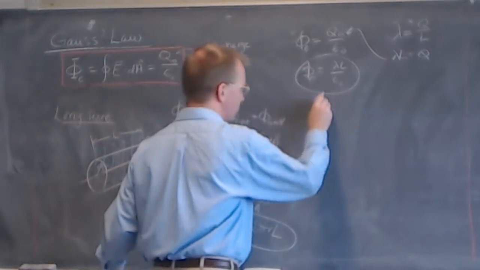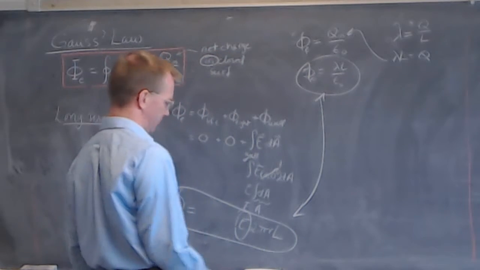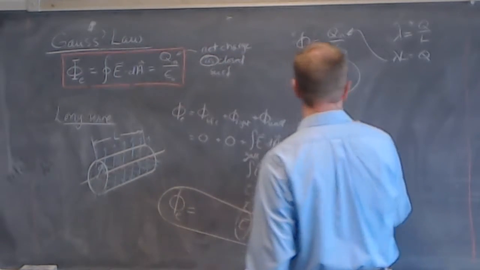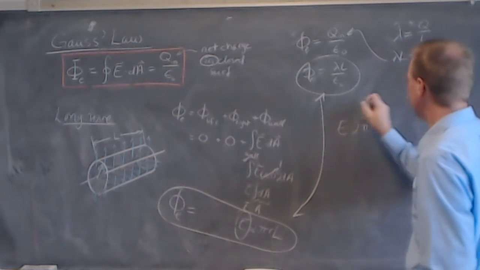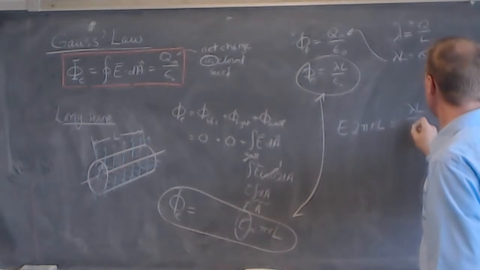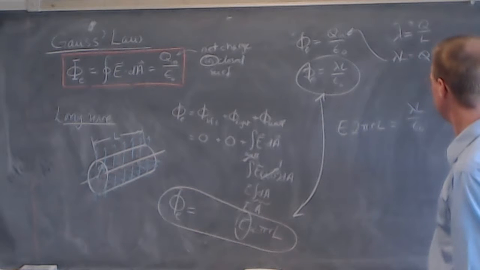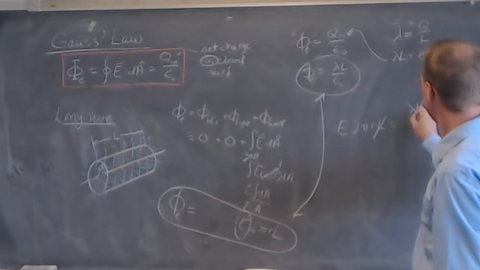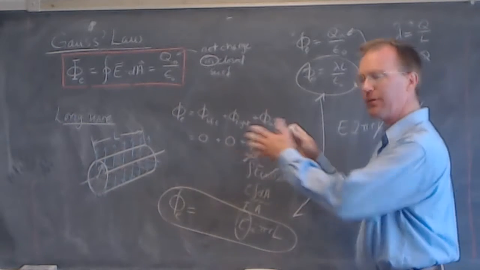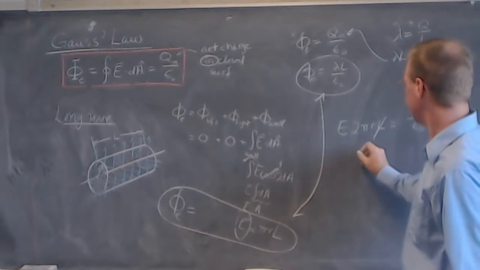Now we set these two equal to each other. So, the electric field times 2 pi r L is equal to lambda L over epsilon naught. The length of this segment that we consider falls out.